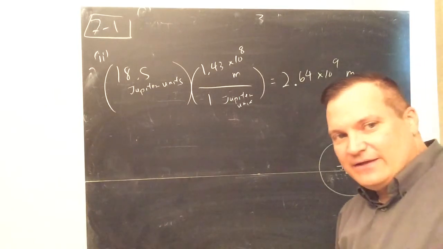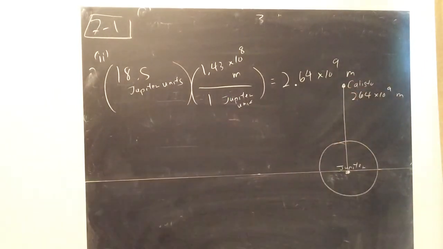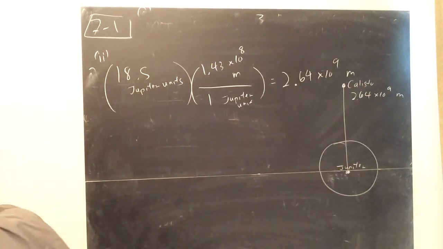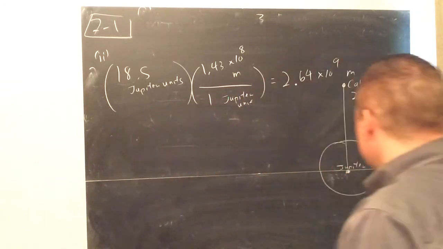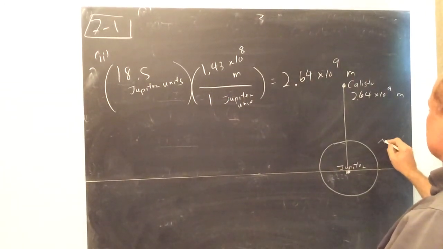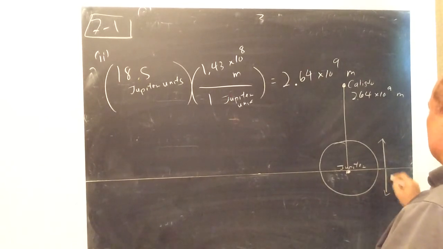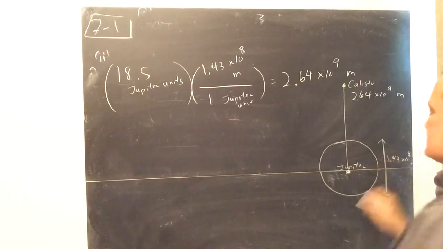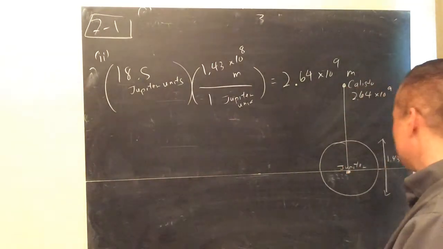But on the other hand, what is the diameter of Jupiter? We saw that, it was given to you. The diameter is 1.43 times 10 to the 8th, from one side to the other. So what's the radius of Jupiter? Let's figure that out.